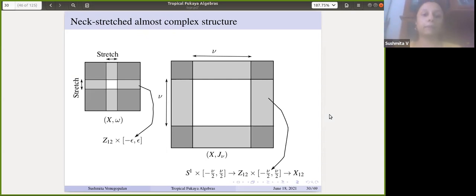In general, the geometry of the cut is going to tell you how exactly to stretch the neck. But we'll work with this really simple example where it's easy to generalize from the single cut to the multiple cut. So there are two orthogonal neck directions and both are getting stretched. There are some regions which are getting stretched in one direction, as in these gray regions, and the white region in the center is getting stretched in two directions.